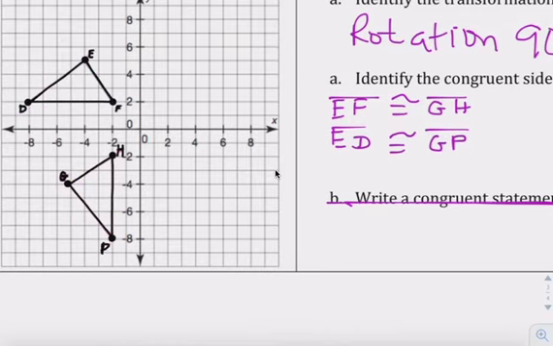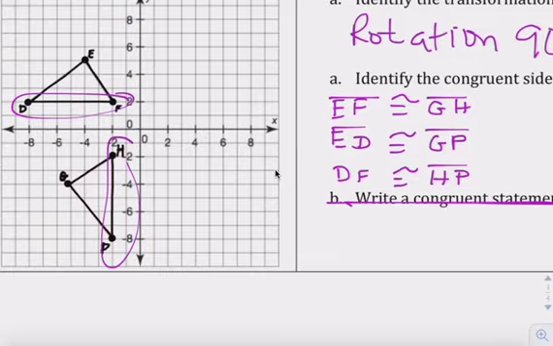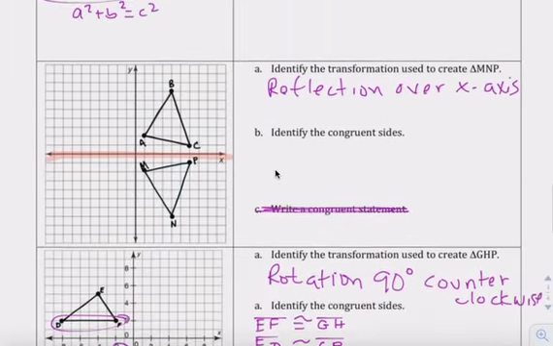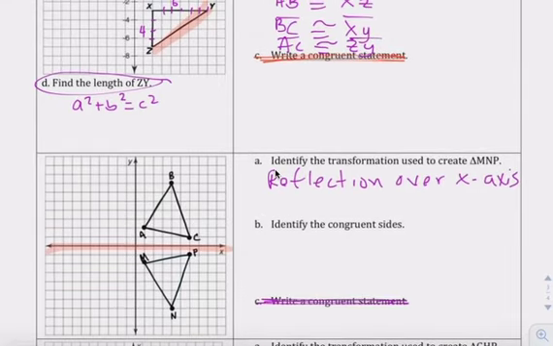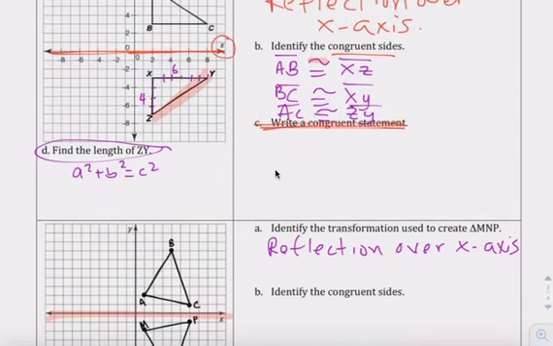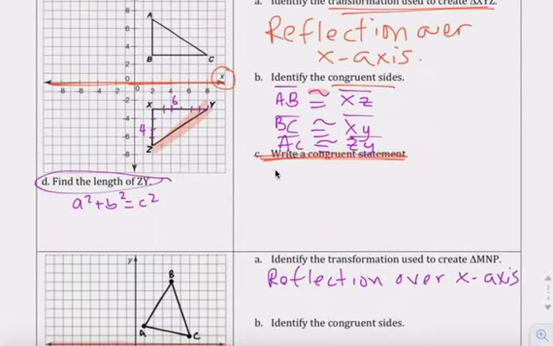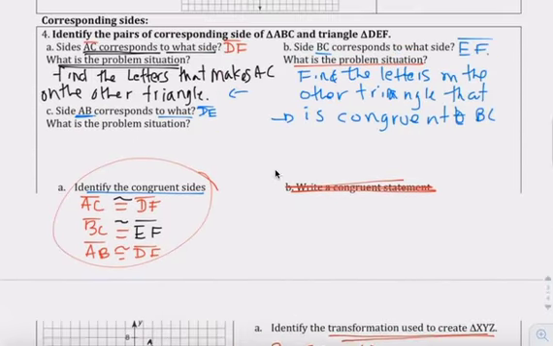And then the last one, DF is congruent to HP. Okay, that's how you do congruent sides. So make sure you finish this one and you do the Pythagorean theorem on this one, and anything else left blank.